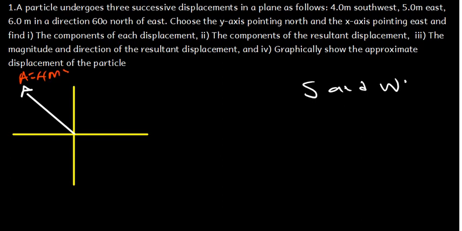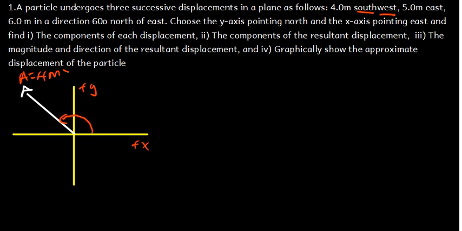Now, remember we talked about how to find the angles. So we know that when they say it is in between south and west, meaning that the angle here is 45, here is 45. So we know that in vectors, to get the angle, we are supposed to get the angle from positive x-axis. So this is positive y, this is positive x. So from positive x-axis until it touches the vector.